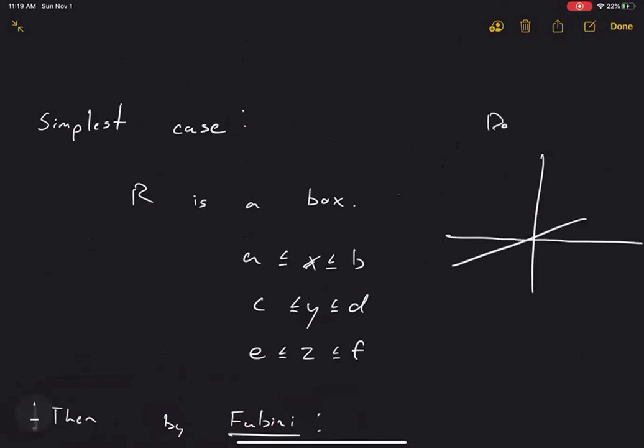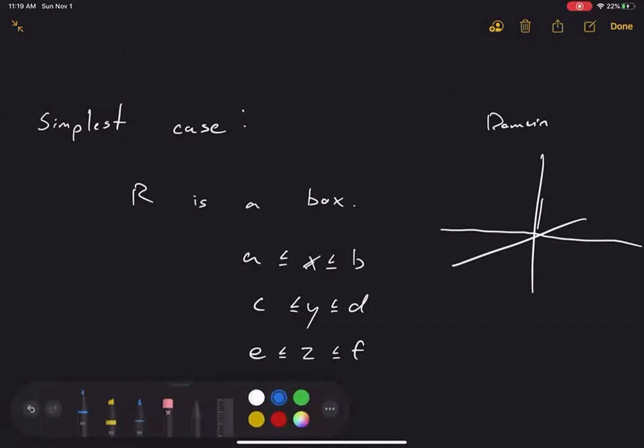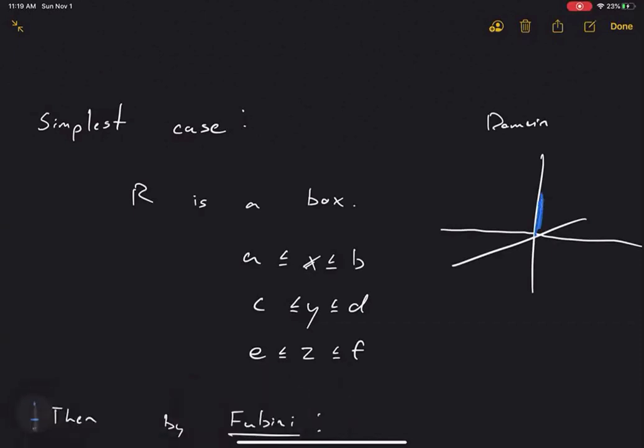This is just my domain, not the graph of my function. So maybe the region I'm integrating on is just a nice box. Could do it in blue.